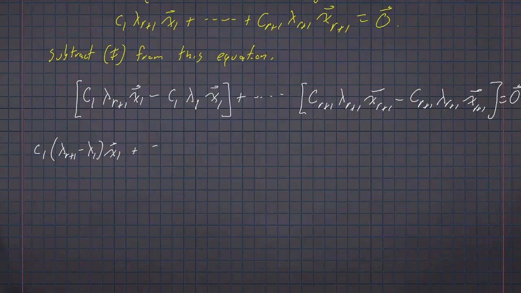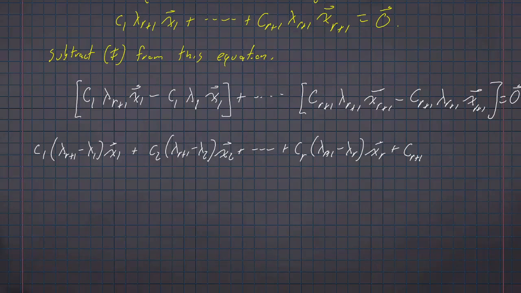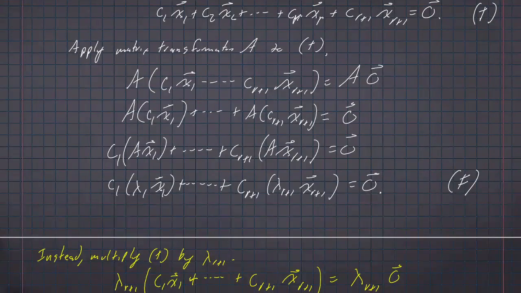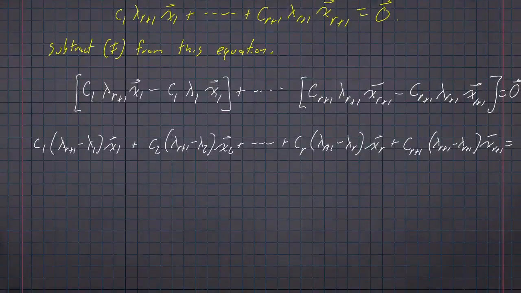I have c2 times lambda r plus 1 minus lambda 2 times x2. I will have cr times lambda r plus 1 minus lambda r times xr, and I will have c r plus 1 times lambda r plus 1 minus lambda r plus 1 times x r plus 1.